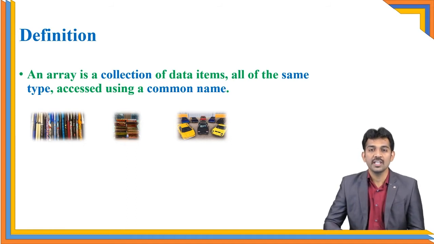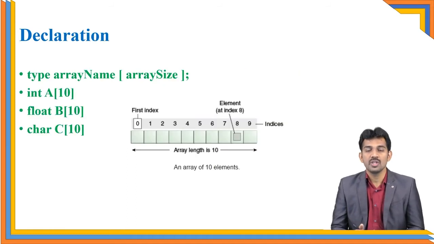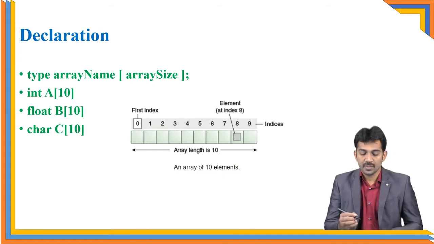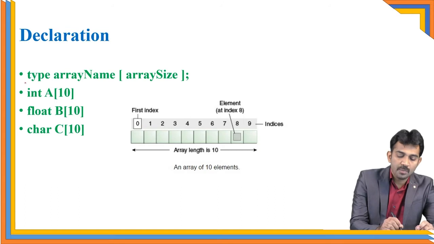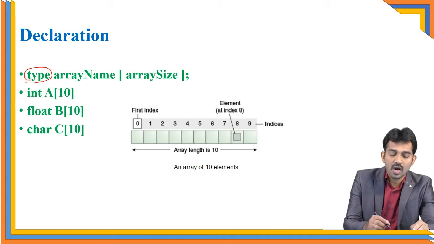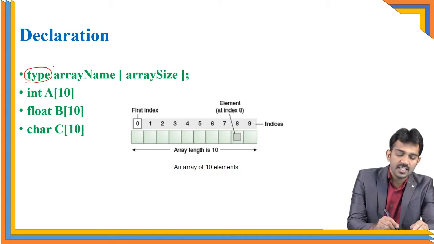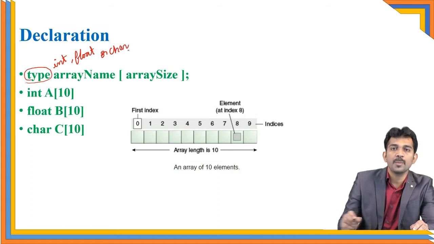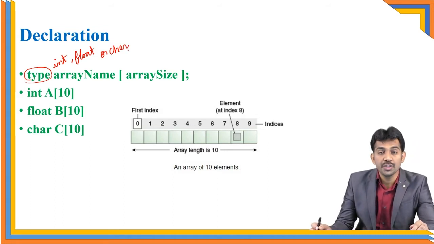I'm going to show you the declaration, how you are going to do it. See here, type. Type means which type of data: is it a float, an integer or a character? What type are you going to represent here? The type is int, float or char. It is the type of data you are going to collect, right?